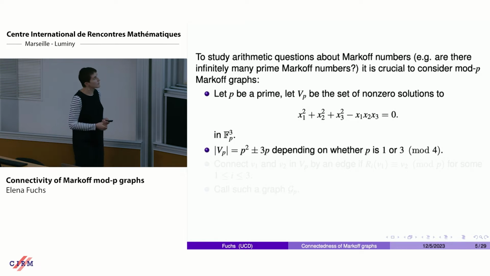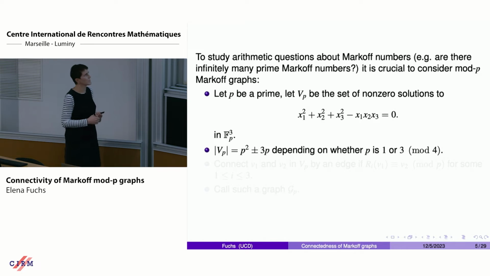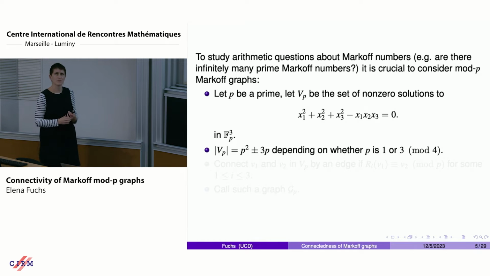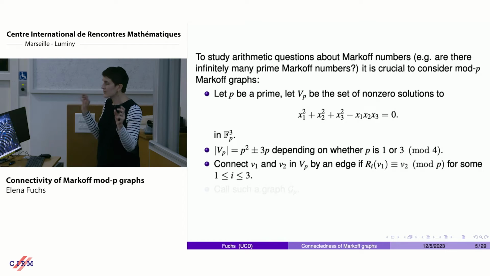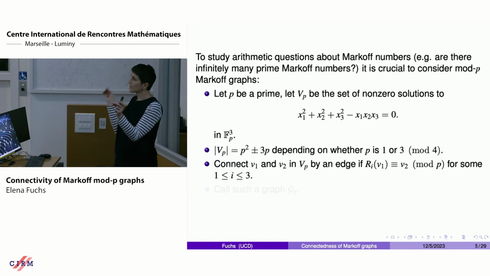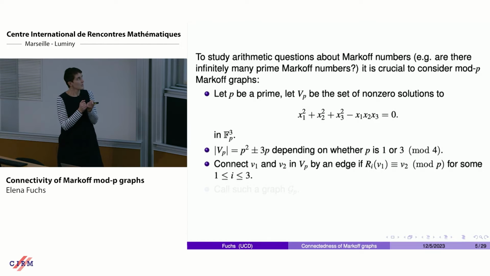So it's p squared plus or minus 3p, depending on whether p is 1 or 3 mod 4. If you're 1, it's plus 3p. And if you're 3, it's minus 3p. And we're going to take two vertices and connect them by an edge if you can go from one vertex to another via one of these involutions, R1, R2, or R3. Okay. So we're going to call this graph G_p.